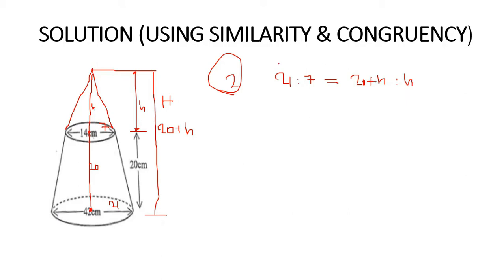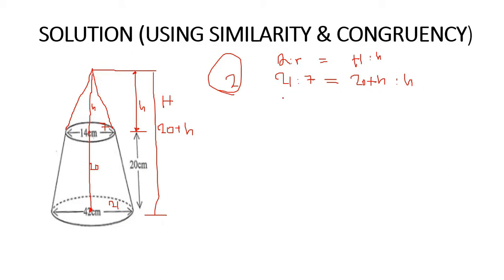What am I saying here? I'm saying the radius of the bigger one to the radius of the smaller one should be equal to the height of the bigger one to the height of the smaller one. When we replace the values, 21 to 7 is equal to 20 plus h over h.